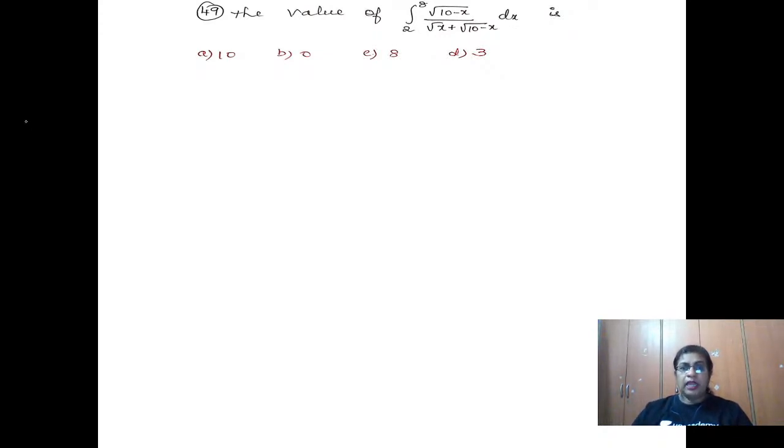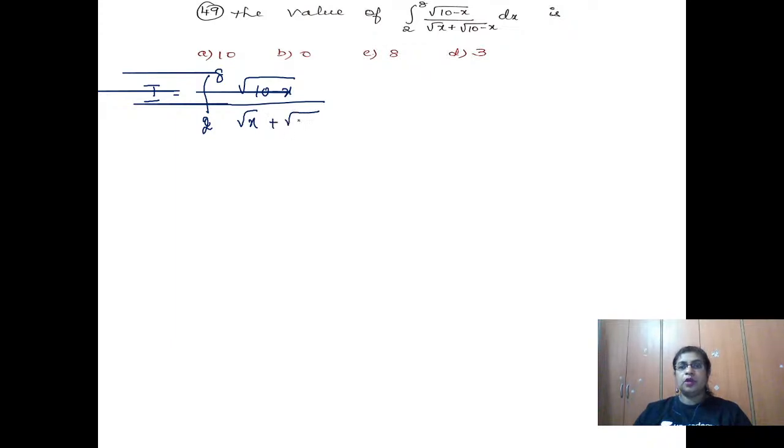Okay, now I will take the given question as I is equal to integral 2 to 8 of root of 10 minus x by root x plus root of 10 minus x dx.